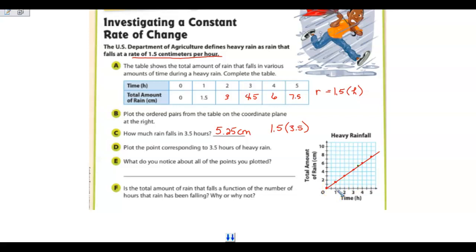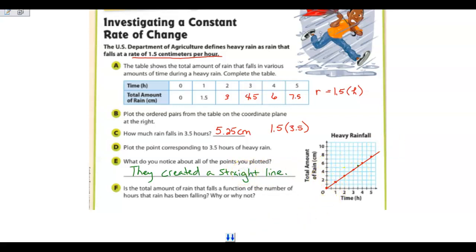What did we notice about the points? They did create a straight line, didn't they? So when we connect those dots, we've had a straight line.